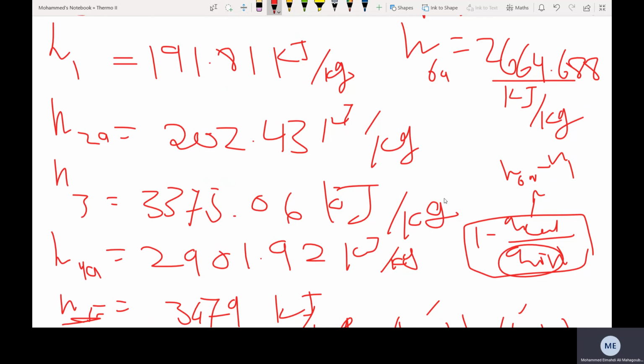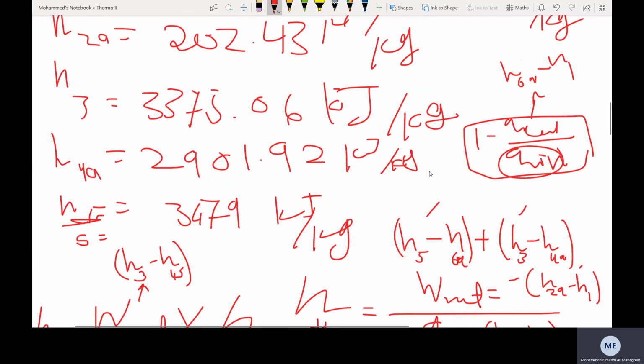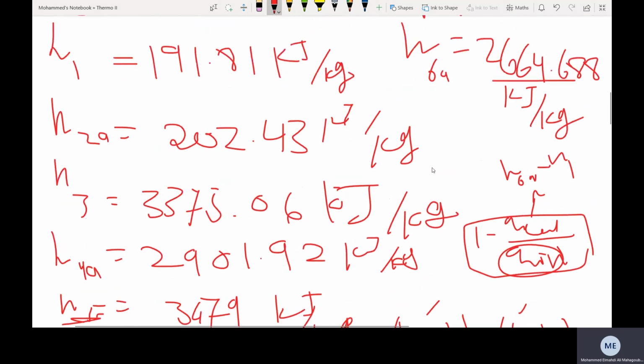This will be a good practice. And then H5, which is 3479 minus 2901.92, and H3 minus H2, so 3375.06 minus 202.43.